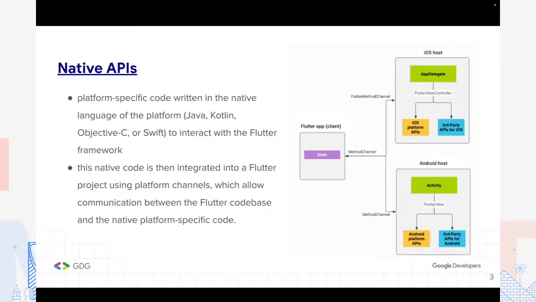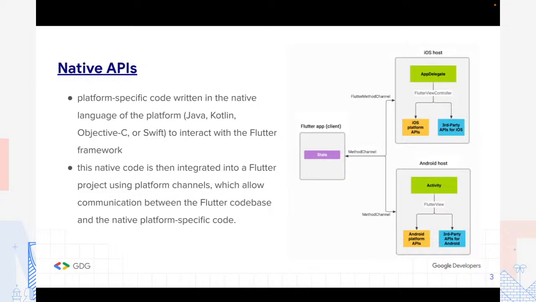So, platform specific code is written in the native language of the platform, which is Java or Kotlin for Android, and Objective C or Swift for iOS, to interact with the Flutter framework. Now the way it works is you will not be writing a separate application.